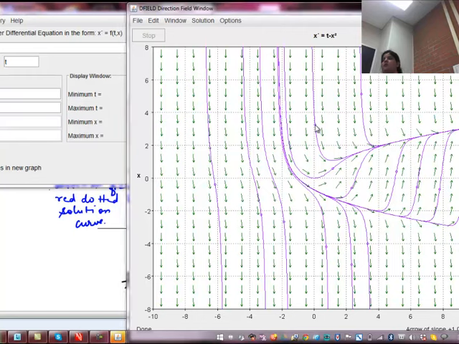You will not have a unique solution, because then you will say, okay, I will pick this initial condition, but where will you go? If they touch each other, then which trajectory you will choose at this point? If you take this point as initial condition, and if they touch each other, then you are in a confusion, should I take this or should I take this? But if the partial derivative of f with respect to y is continuous, then you will have a unique solution, so that means your trajectories will never touch, will never cross each other.